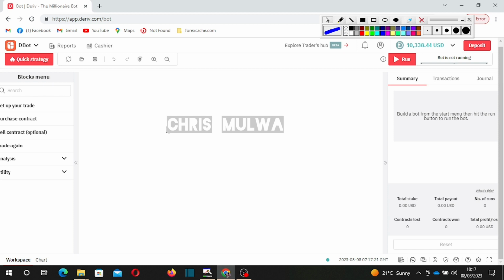The next thing, okay, in this Deriv bot, there are blocks. We use blocks to design this bot. So we are using the blocks. And in other bots we have the real programming.